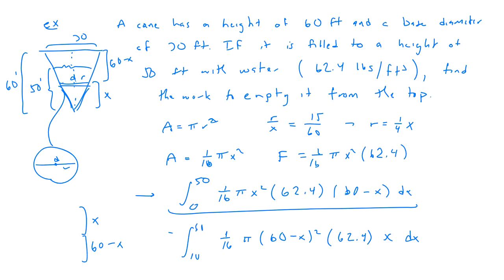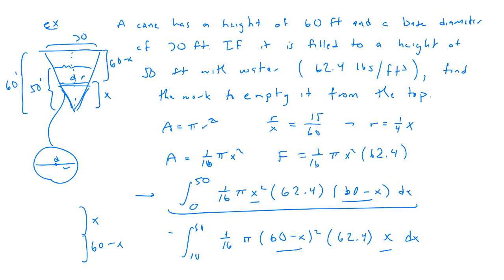And this is about the only reason you might want to do the first integral, from 50 to 0, because you can check that we're really doing the same thing. If I put in 10, this is 50 times 10. If I put in 50, this is 50 times 10. So I'm getting the same thing. If I put in 60, because that's the bottom, I get 0 times 60.